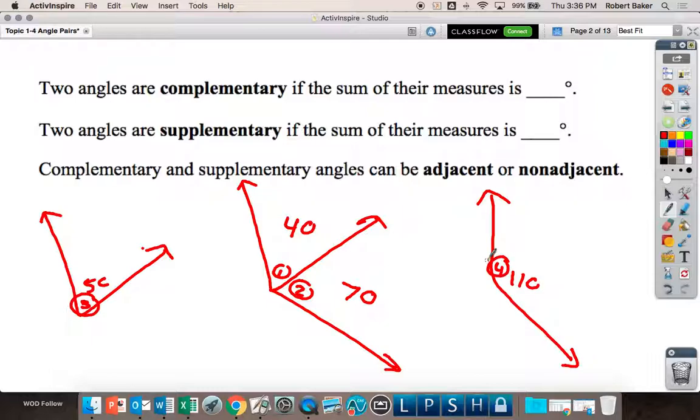Okay, you see angle 1, 2, 3, and 4? Here's the question. I'm asking you guys to put all this stuff together. Can you name a pair of complementary angles? Please, verbalize that.